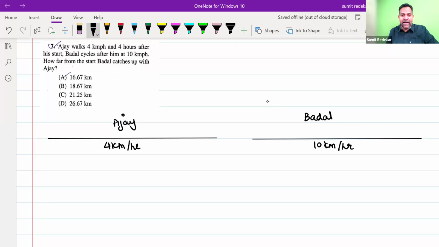But what we know is that when they catch up with each other, both the distances are going to be the same. So the time taken by Ajay is distance upon speed, and the time taken by Badal is distance upon speed.